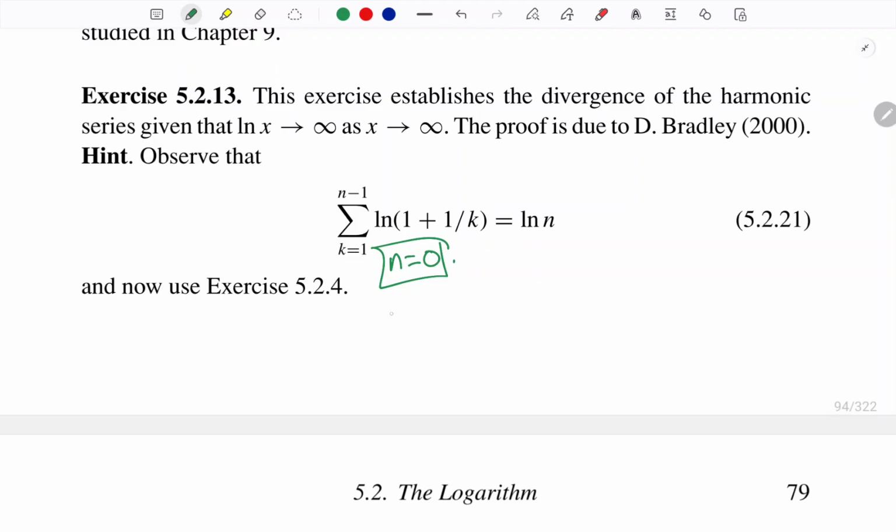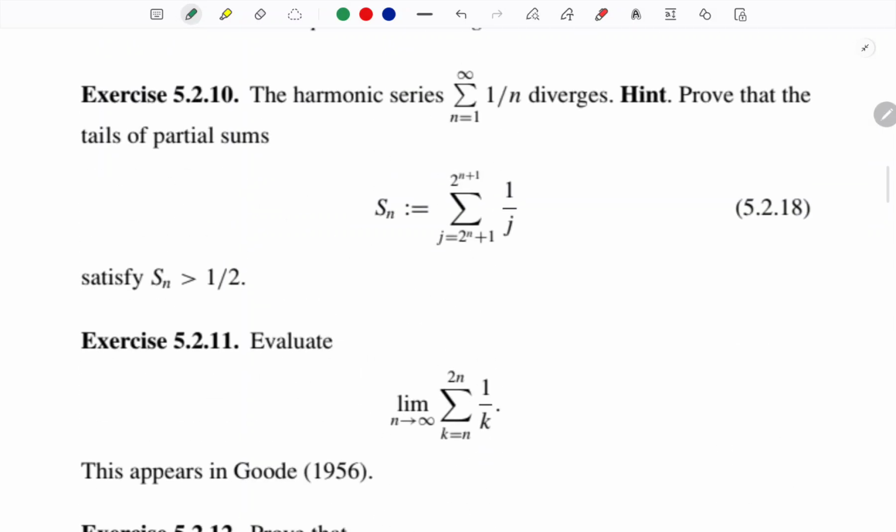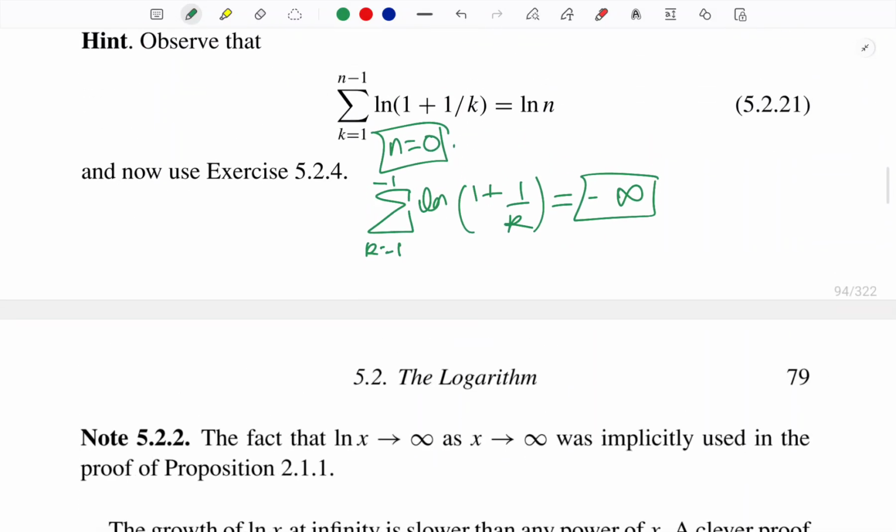So we have this series from k equals 1 to negative 1 of ln of 1 plus 1 over k equals ln of 0, that is negative infinity. This is impossible, and that's why it comes out to be negative infinity, because you are adding from 1 to negative 1.